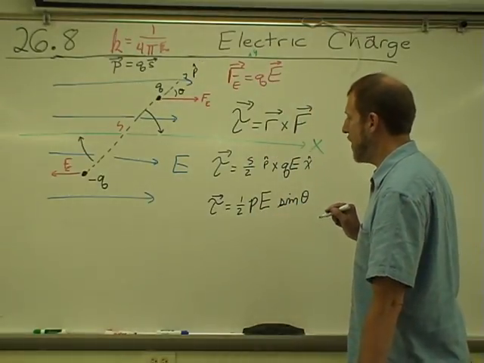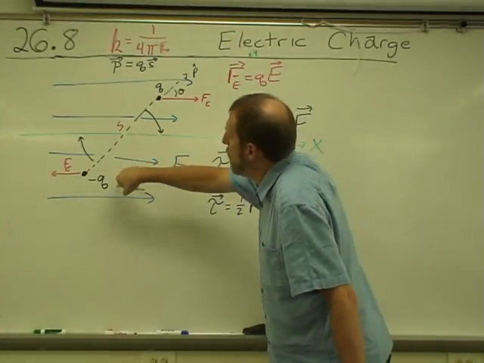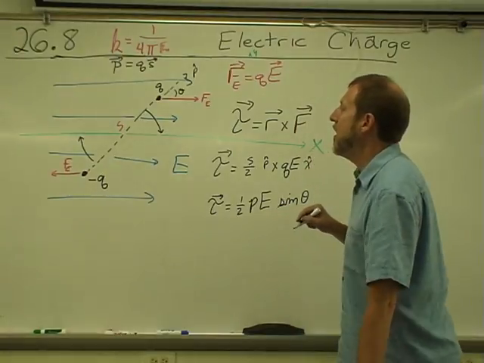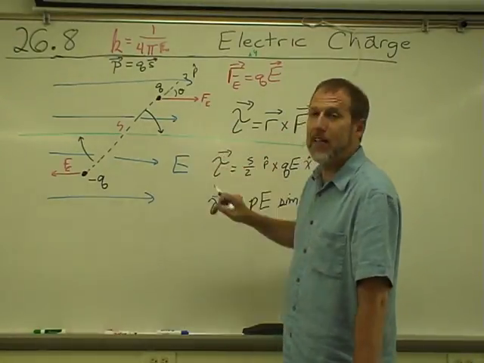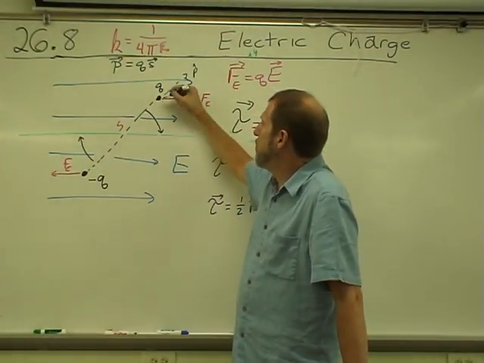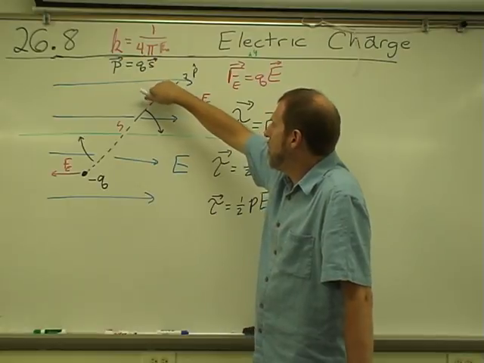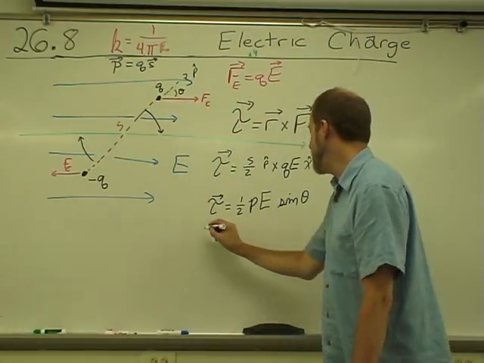Now, that's just the torque on one particle. The torque on the other particle is going to be in the opposite direction in terms of x and y, but it's going to cause us to rotate in the same direction. This force would cause a clockwise rotation. This force will also cause a clockwise rotation.